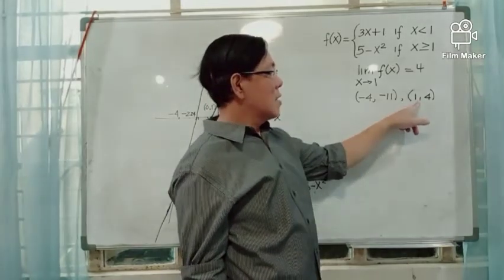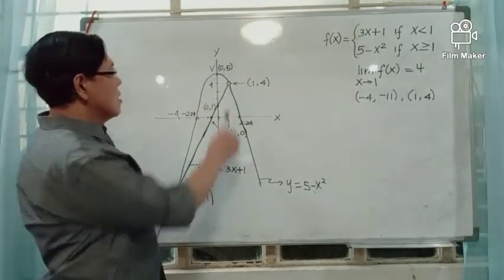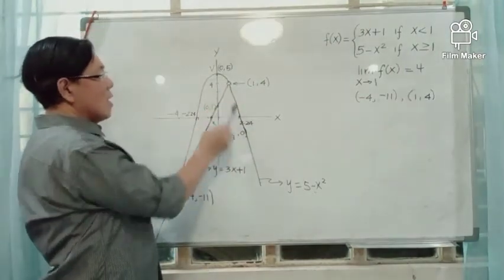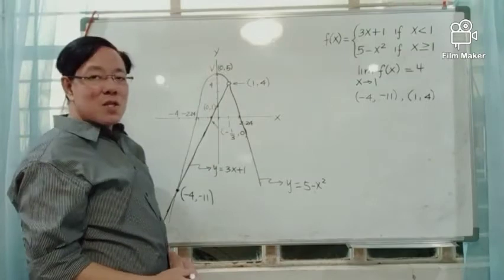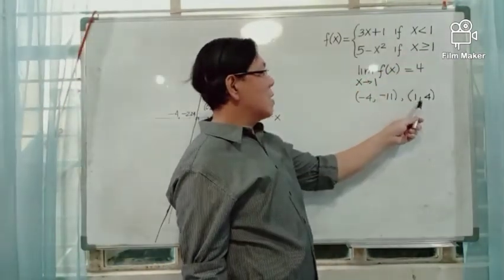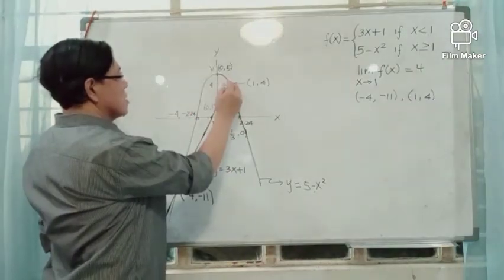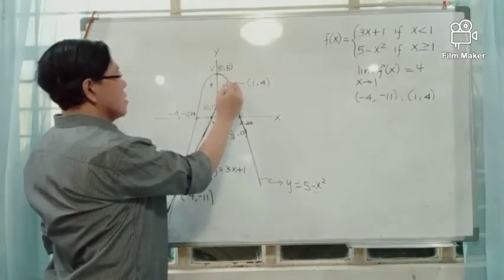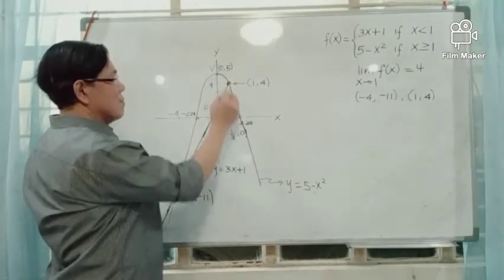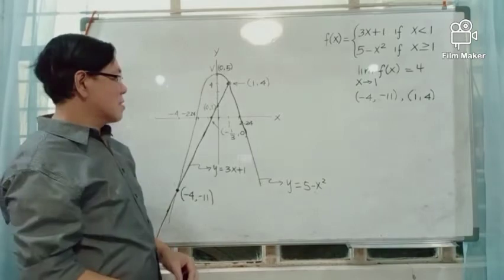And that's exactly the point of intersection of the line and the parabola. The function has a value when x equals 1, and the value of the function is 4. So this point, (1, 4), is a point on the parabola. It is included in the graph of the function f of x.